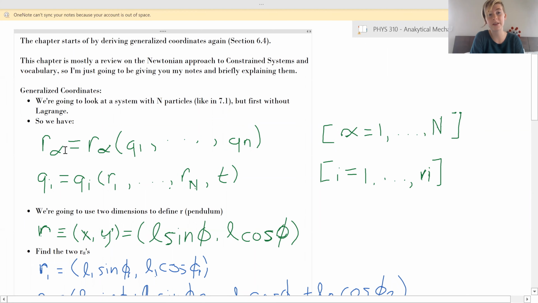It's basically saying that there's a whole bunch of position vectors out there in the world, for whatever dimensions you would like to use. And the number of position vectors is going to be alpha, going all the way to n. And n is, like we've used it before, the number of particles or objects, I guess.